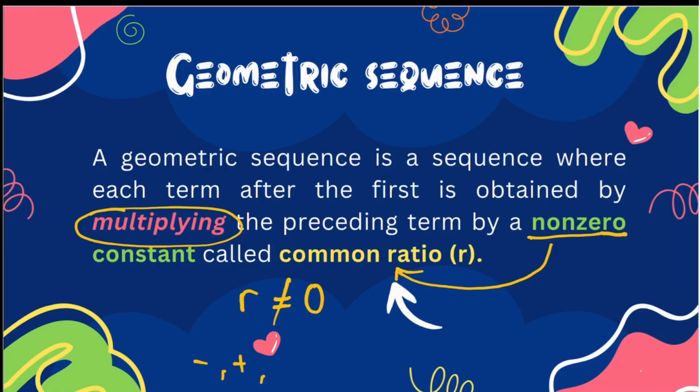It can be a decimal, or it can be in fraction form, or in radicals. Pero hindi siya dapat zero. Okay? So that's the restriction for the common ratio ng isang geometric sequence.